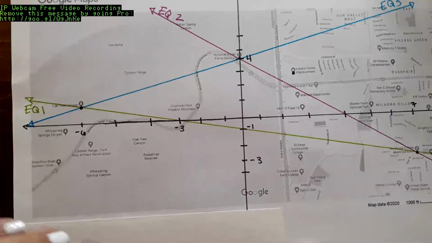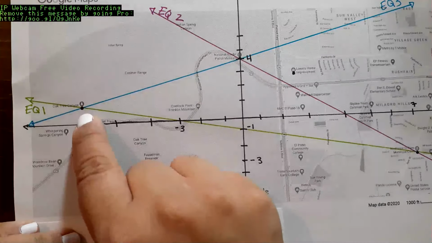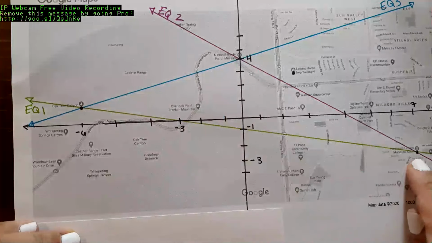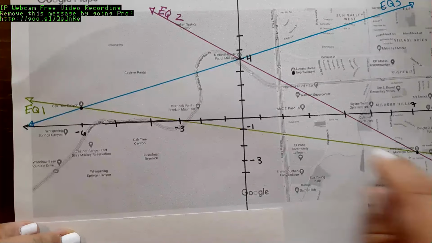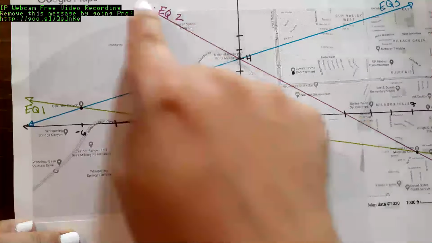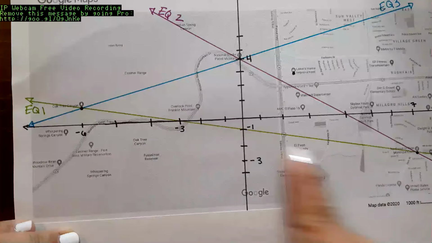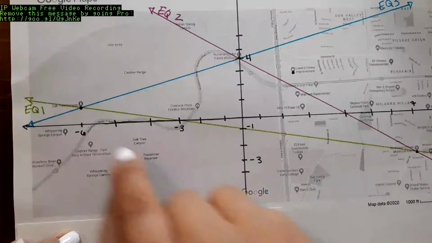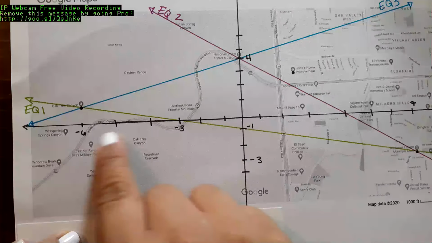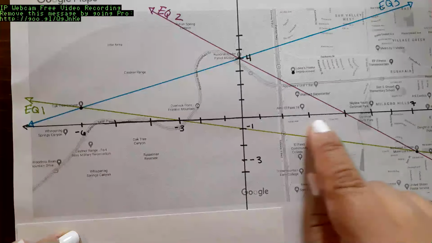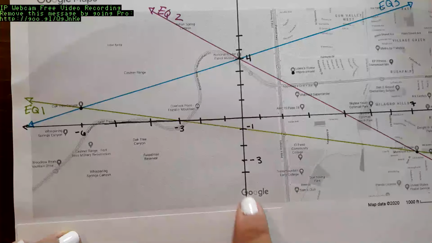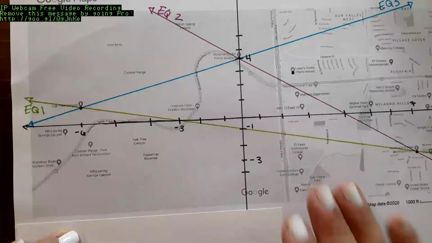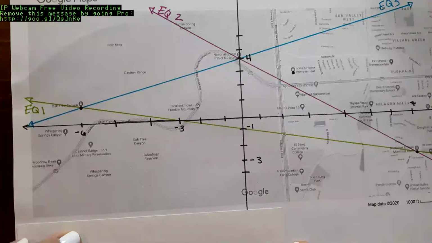Remember, the first thing I did was mark my 3 buildings that were going to be my vertices. The second thing was I graphed my lines. And the third thing was make my little markers, the 1, 2, 3, 4, and so on. So now I have an actual graph to work with.